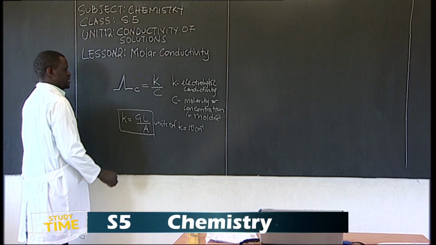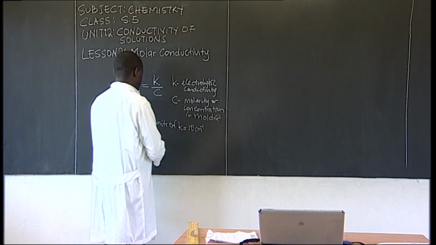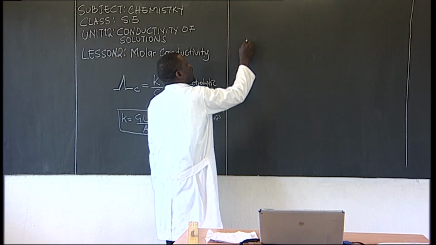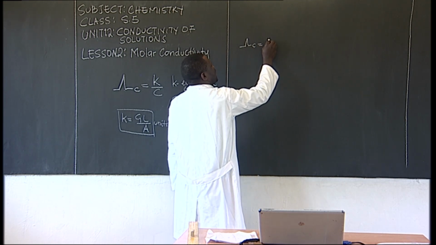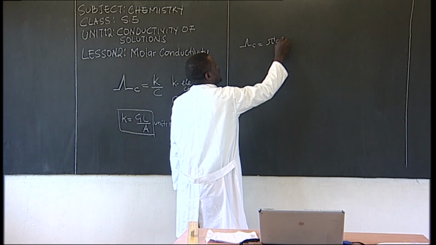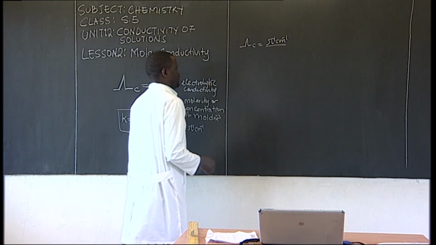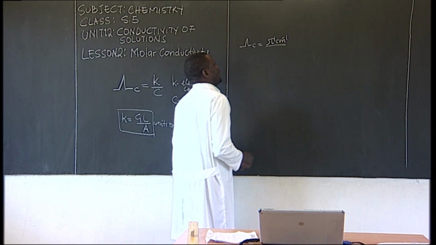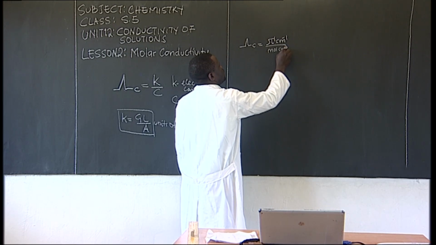Now let's derive the units of molar conductivity. As you've seen from my expression, molar conductivity is equal to K, which, let's use centimeters, is per ohm per centimeter, divided by concentration. Normally this is moles per decimeter cubed, but let's say we have already changed the units and we say moles per centimeter cubed.